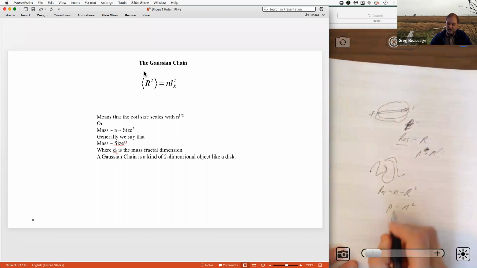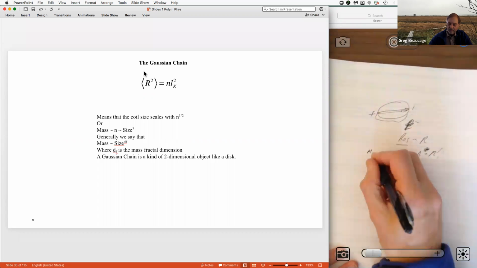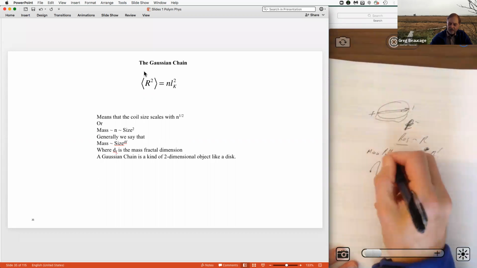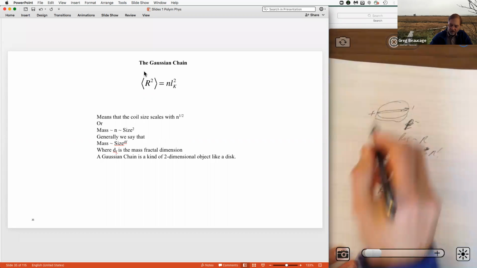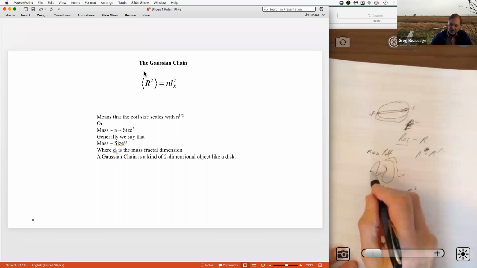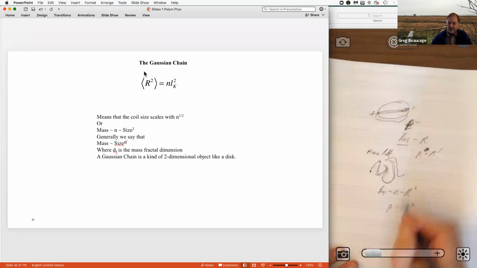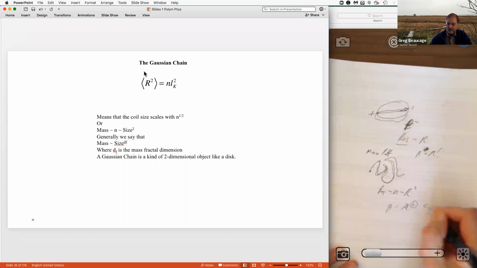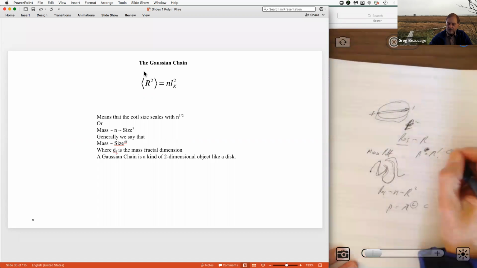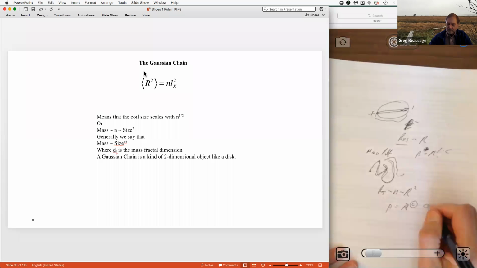This is called a minimum path through the object. Minimum path is like, what's the short circuit path through it? In the short circuit, if it's a polymer coil, it has to follow the entire coil, so it has to go with r squared. So this dimension is called the connectivity dimension of the object, C. Or no, this is the minimum dimension.